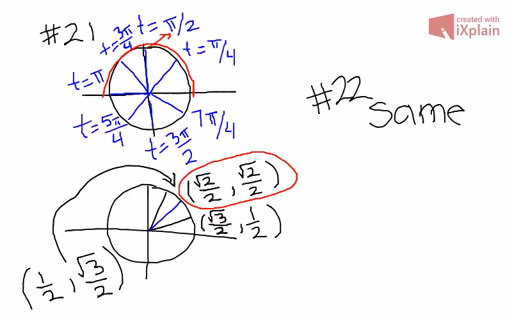So if they give you t equals pi over 4, then you go to pi over 4 on the unit circle, and we find out what that is. I'd really encourage you to pull up a unit circle, just Google one, and then you're able to see that when you go up pi over 4 length, you get to the point x equals radical 2 over 2, y equals radical 2 over 2.